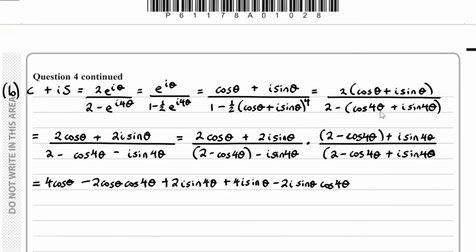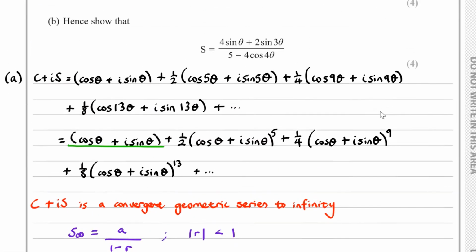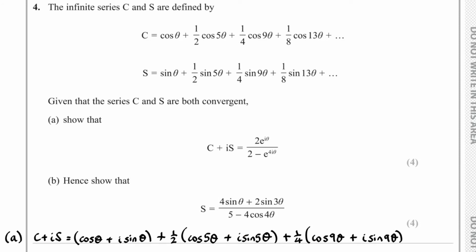You have to be careful here. You would have to recognize that essentially you have to remember in this question i is equal to the square root of minus 1. So i squared is equal to minus 1.